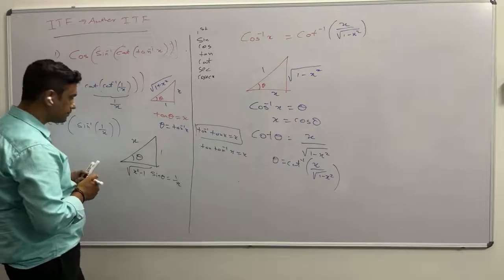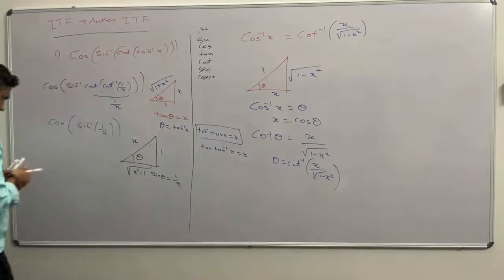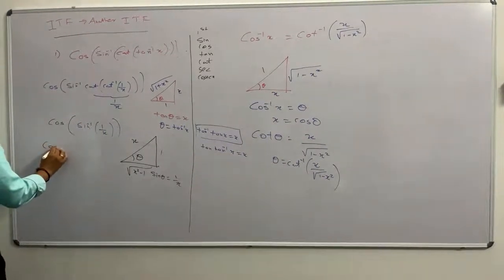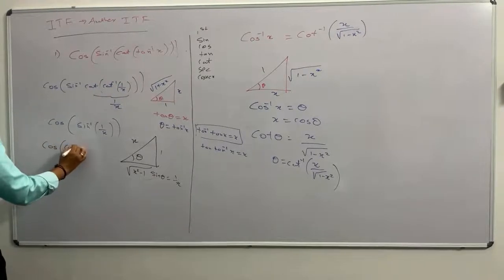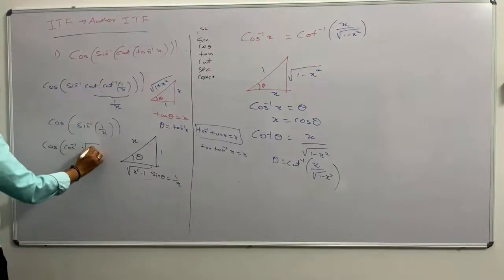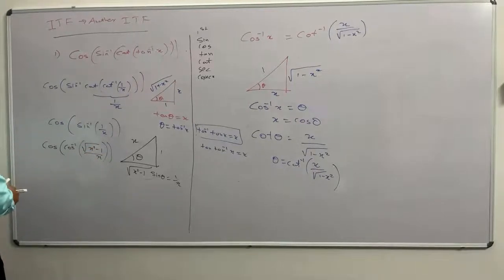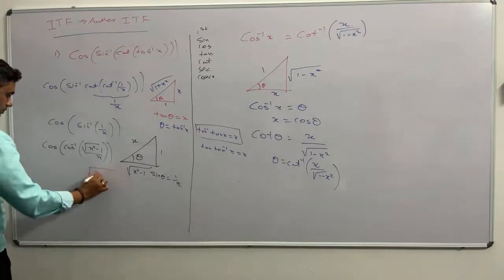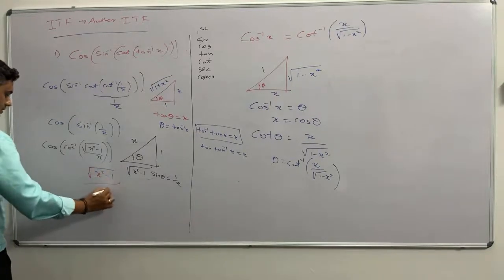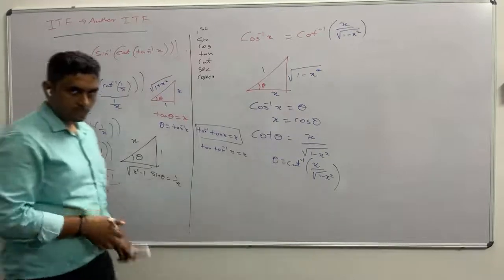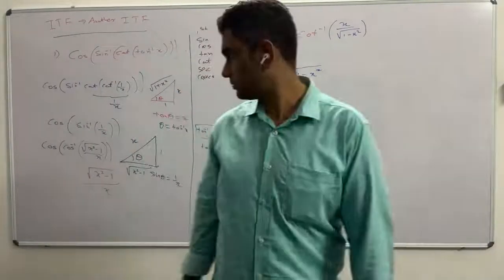Now we have to convert to cos inverse. So this will come out as cos of cos inverse of root over x square minus 1 by x. Now we can cancel these two. So our final answer is root over x square minus 1 by x. This will be the final answer.